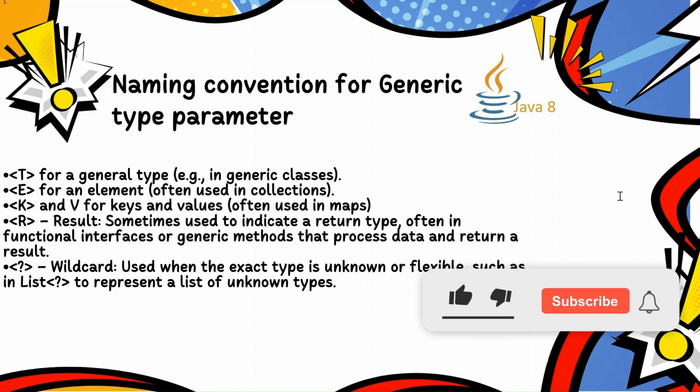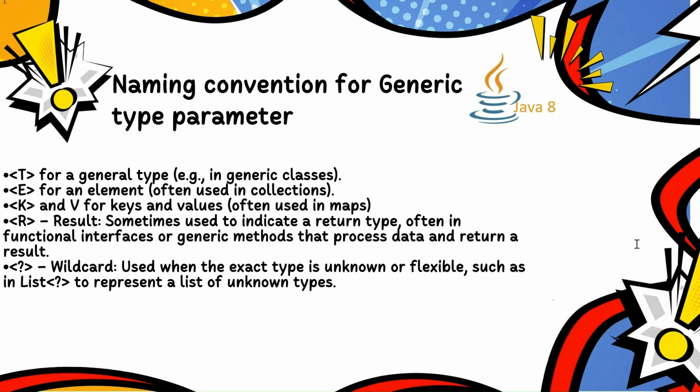Let's say you have a class called StorageBox that takes a type parameter. This type could be String, Integer, Character, or any other class. Since the type isn't specific, we use T as the generic identifier.